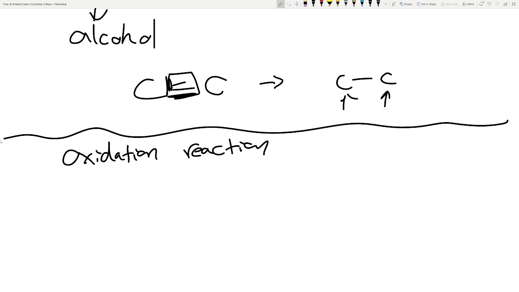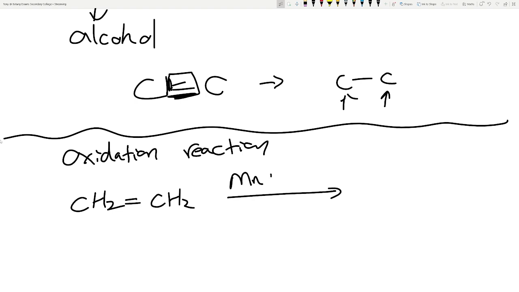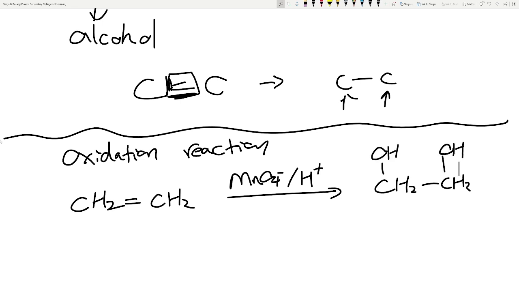If you go with a simple alkene, CH2=CH2, and react this with MnO4-/H+, you're still going to break the double bond, and then you gain the oxygens, and the hydrogens as well. So you gain 2 OHs, so you have formed a diol.